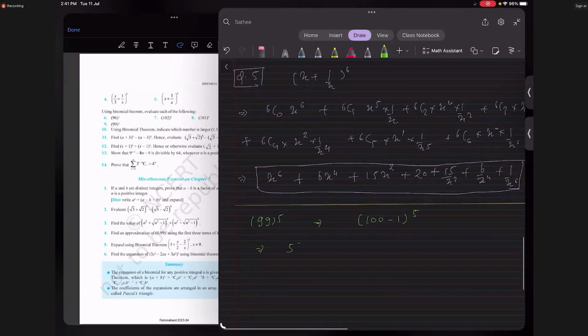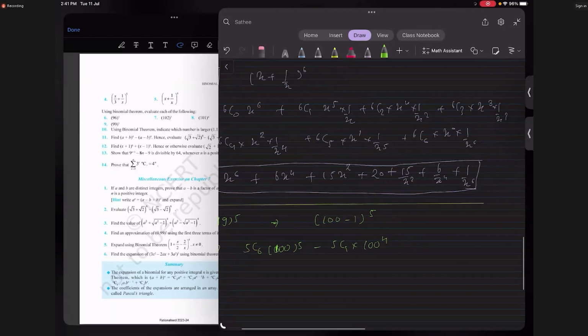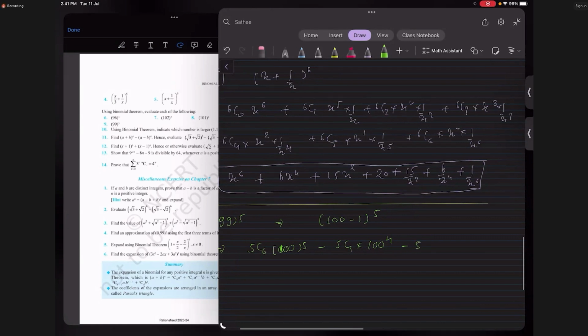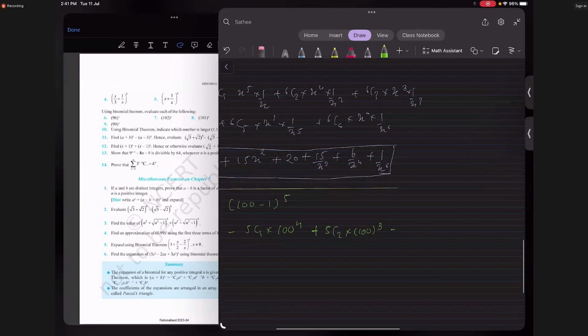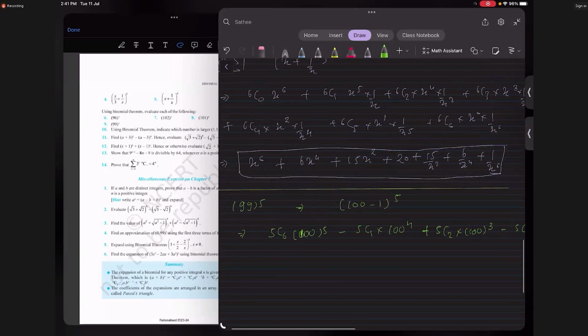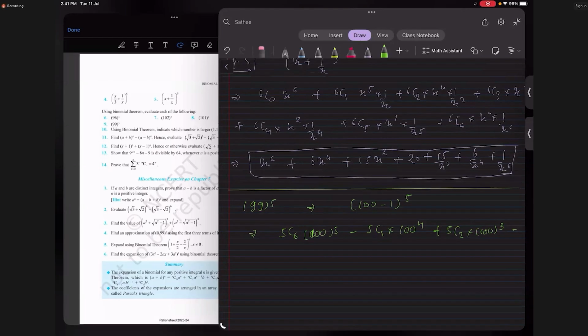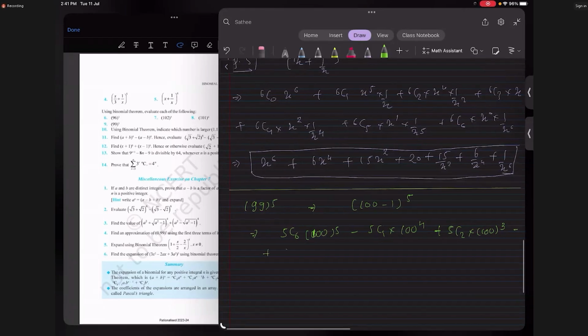So this will be 5C0 into 100 to the power 5 minus 5C1 into 100 to the power 4. Any power of 1 has the value 1, so we ignore it. So this will be minus 5 plus 5C2 into 100 to the power 3 plus 5C3 100 square plus 5C4.